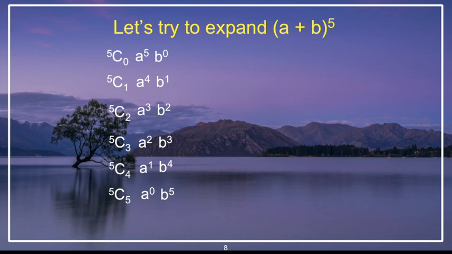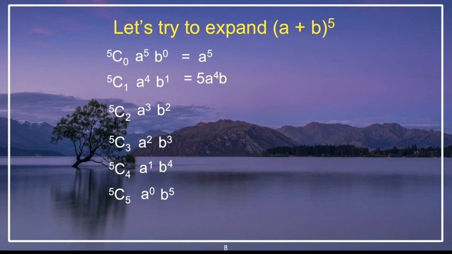All we need to do is just simplify, to write it nicely. Combination of 5 taken 0 is just 1, b to the power of 0 is just 1, so we are left with a to the power of 5. You can use your scientific calculator with this. Combination of 5 taken 1 is just 5, and then a to the power of 4 times b, because it is customary that if the exponent is 1, we can just simply remove it.